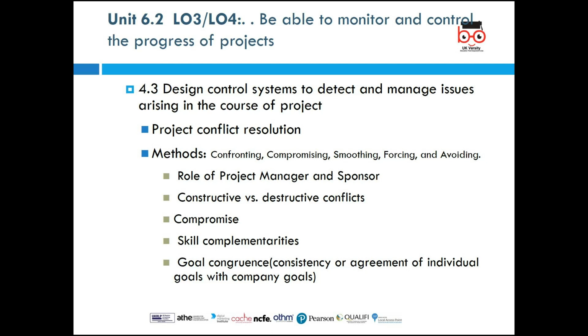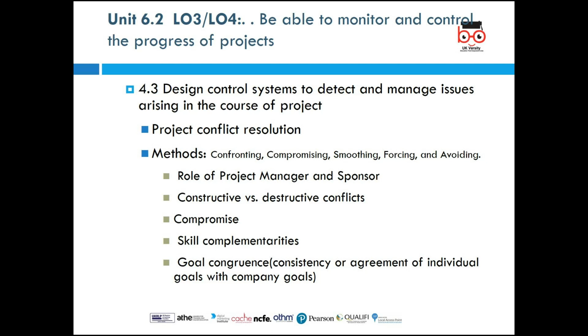Right. If you want to resolve a conflict, there are so many approaches. You can confront straight away. If there are issues that need to be resolved, you can confront it squarely, say whose fault it is, where the problem came from, and address it once and for all. That's one method.